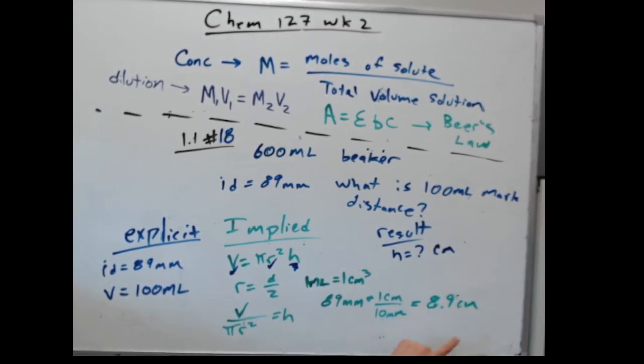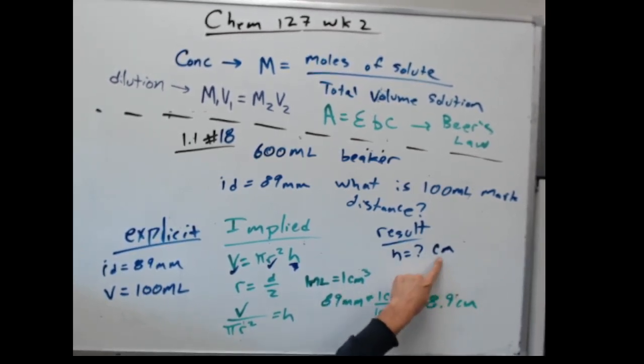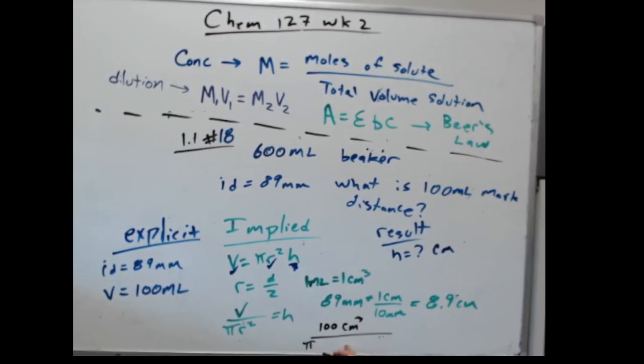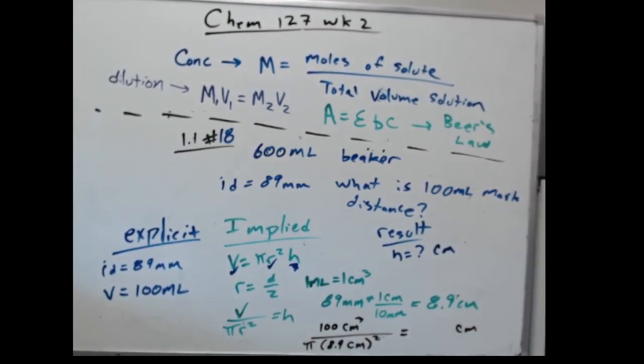Now my centimeters match, everything's in centimeters. I avoided that problem. So we can go ahead and do 100 centimeters cubed divided by pi times 8.9 centimeters squared. Notice centimeters cancels out, and we're going to be left with an answer just in centimeters.